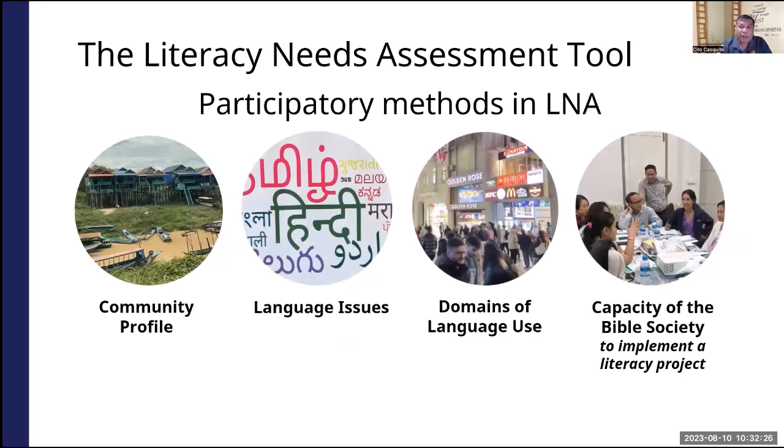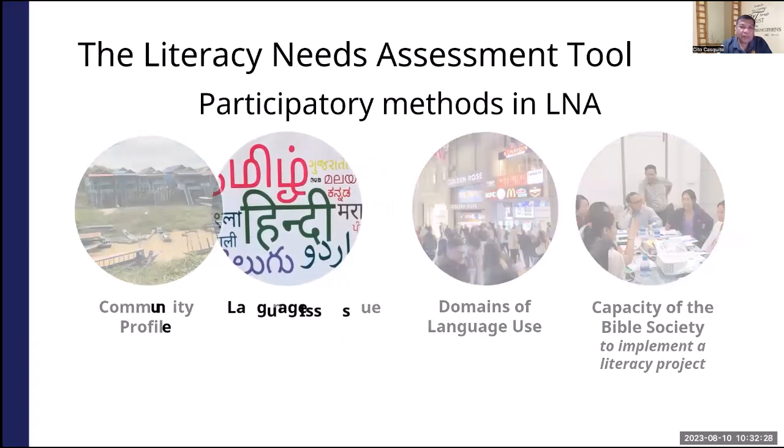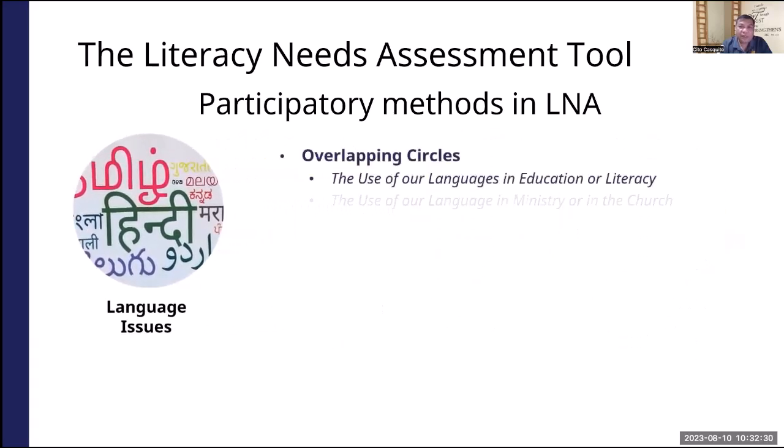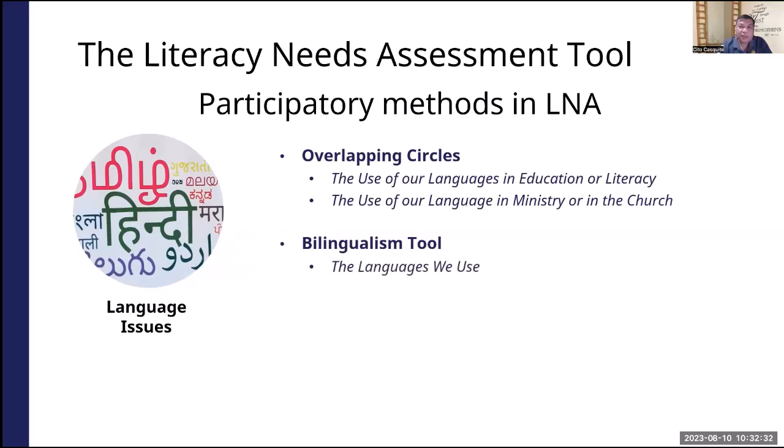Looking at the next section, language issues, we can use several tools. Those of you who have been trained in participatory methods for engaging the communities, we can use the overlapping circles for the use of our languages in education and literacy, and the use of our languages in ministry or in the church, as well as the bilingualism tool or the languages we use tool.